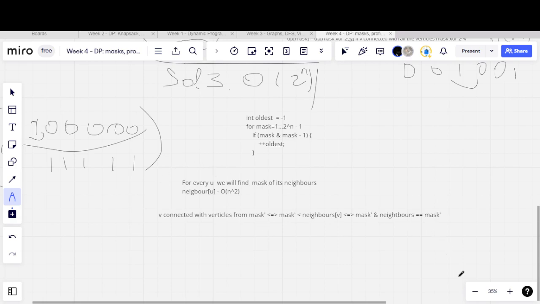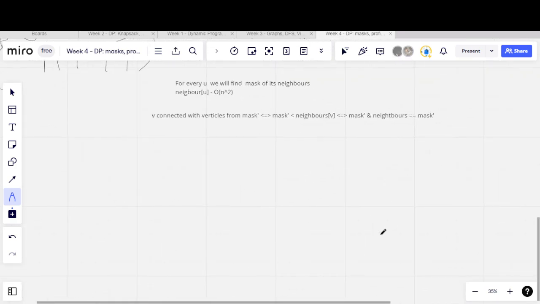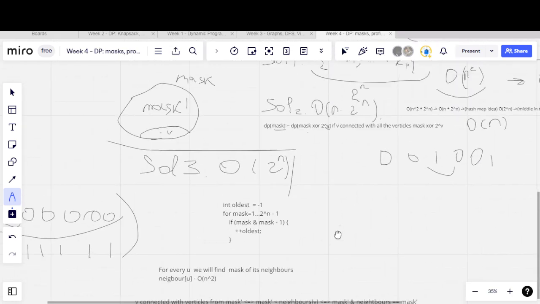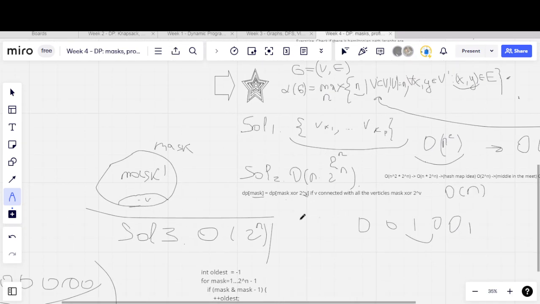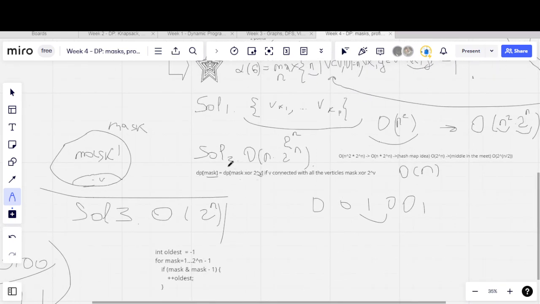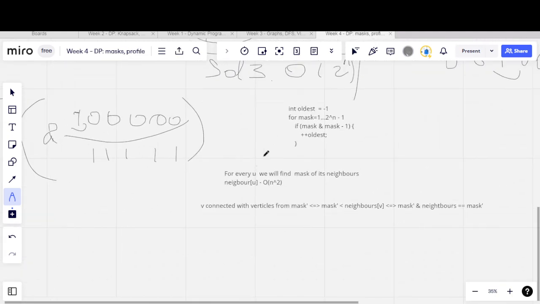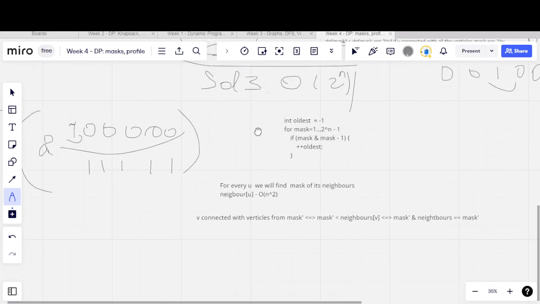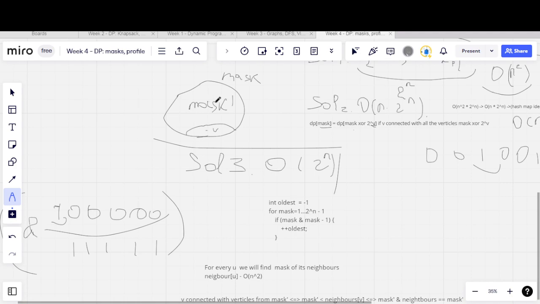We use the idea of hash map. In difference from the previous solution, we need to consider all this bit because we don't want to iterate through all the, rather, we don't want to take any vertical of the mask.